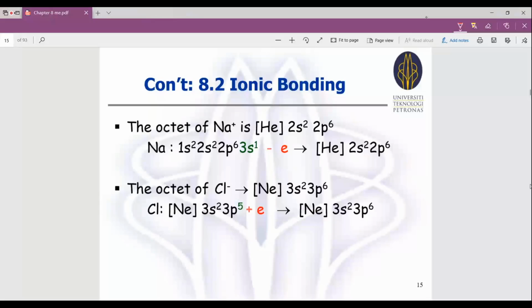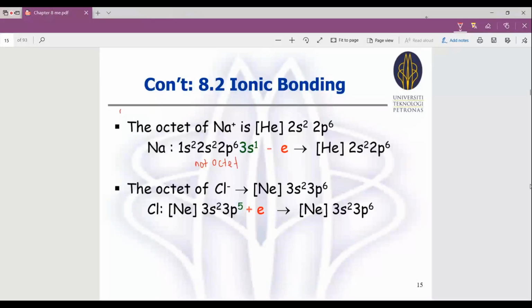You can draw it again to understand this part. Okay, I can conclude from here. Na is 1s2 2s2 2p6 3s1. This is not stable, not an octet configuration. It does not achieve the octet configuration.